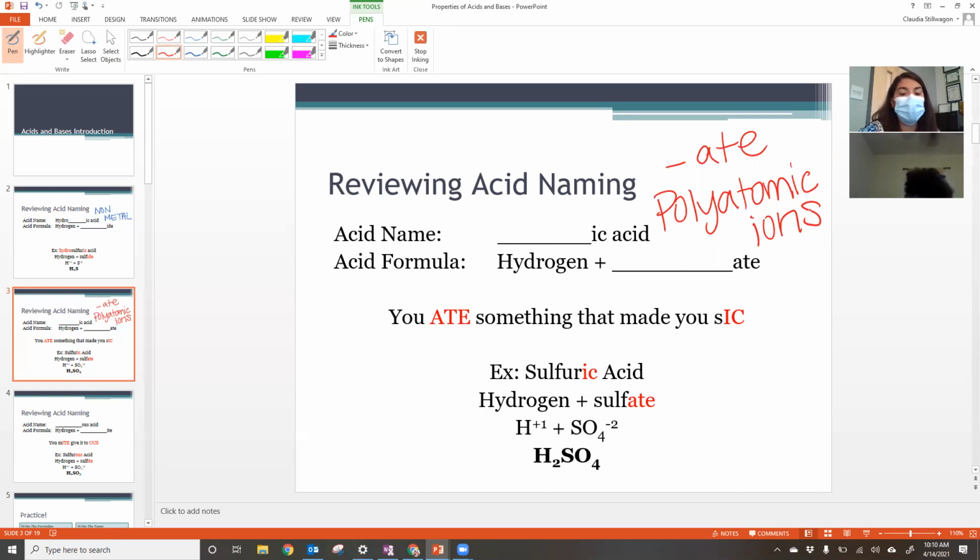What you see there is a little slogan to help you keep in mind which ending goes with which. If you are not a slogan person and you just want to memorize stuff, go for it. But if I can give you a cheesy way to memorize something, I'm going to do it.